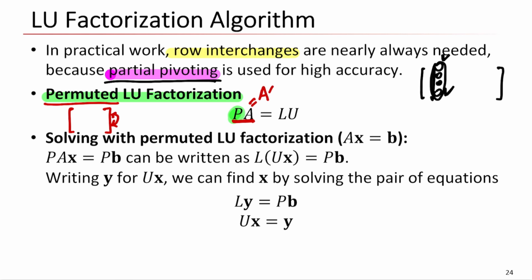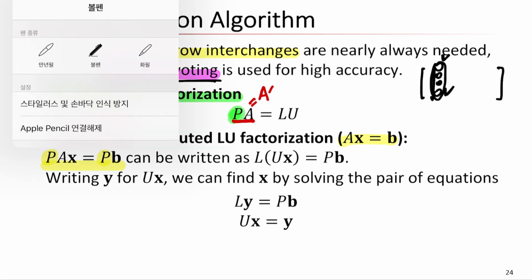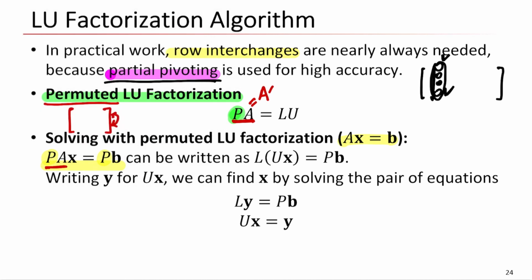Okay, let's say we want to find the solution of AX equals B. Then if we multiply matrix P on the left-hand side and right-hand side individually, then we can get this equation, right? So from here, we already know PA is equal to L times U, right?